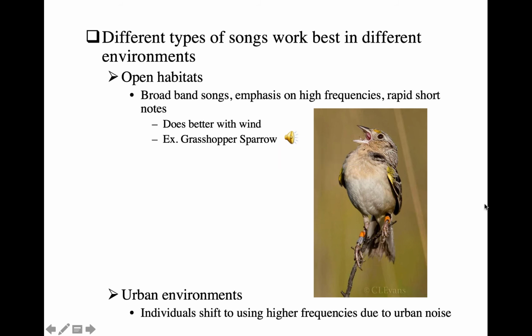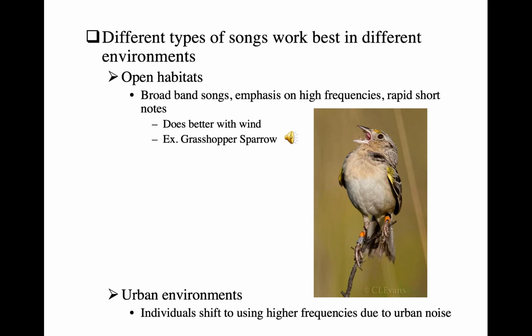So what about urban environments? Are there certain anthropogenic changes in our environment that have caused birds to change their vocalizations? Absolutely. Because of the relatively low noises that are associated with an urban environment, so think about traffic and leaf blowers and things like that, those tend to encompass lower frequency vocalizations.